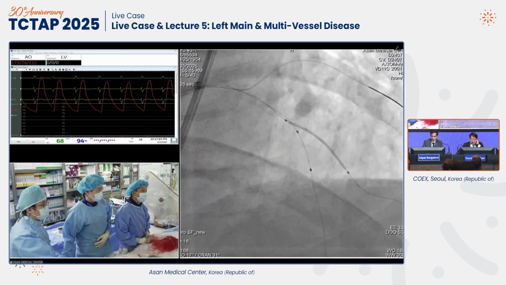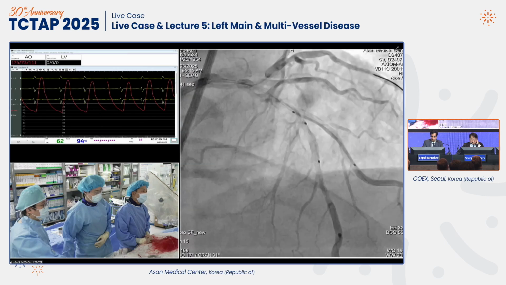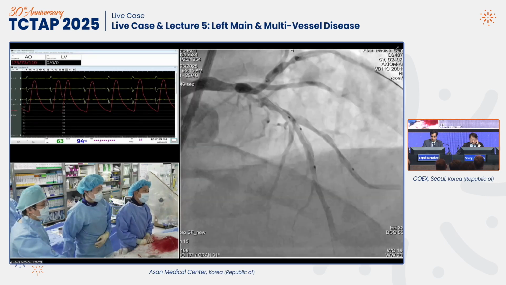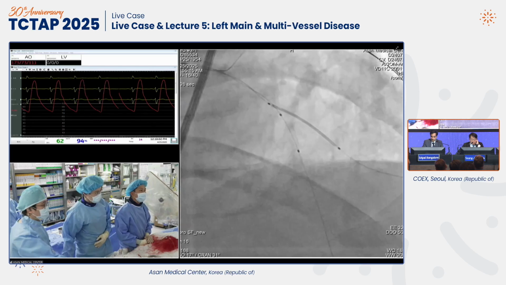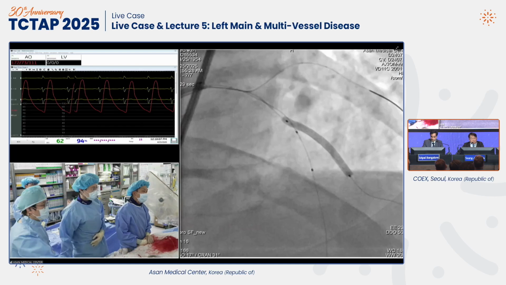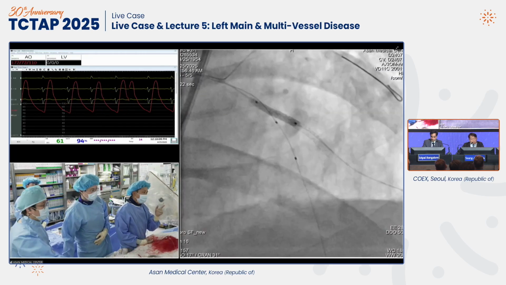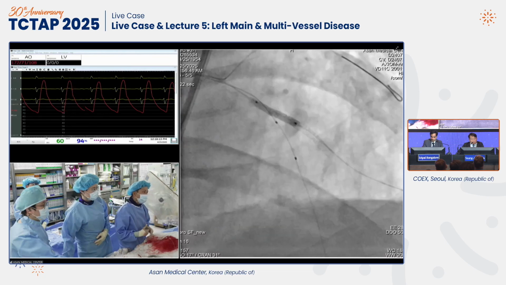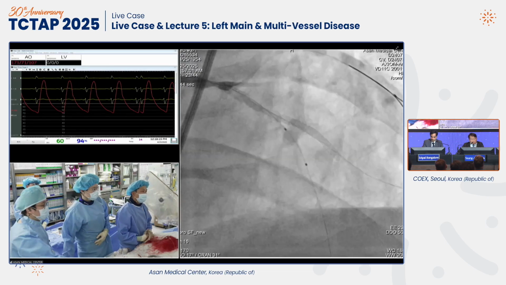And this is a 2.5 by 26 millimeter Onyx stent, with a 3.0 NC to cover the main branch. The stent was well expanded. I additionally applied a 4.5 NC to fully open the ostium and optimize the circumflex stent.